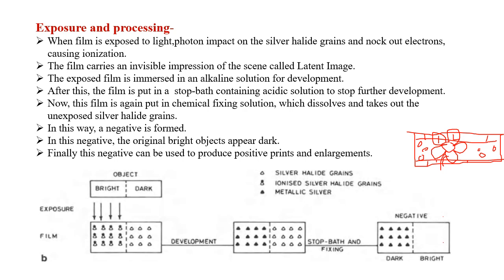Now we take its silver metal suspended in the gelatin. Finally we get the image. Here we use the term negative, it means white colors are black and the black colors are white.